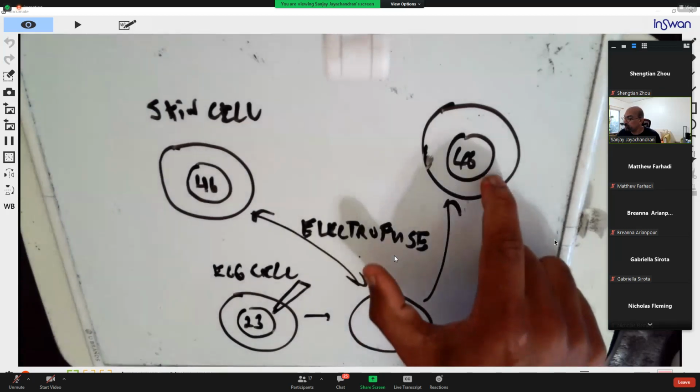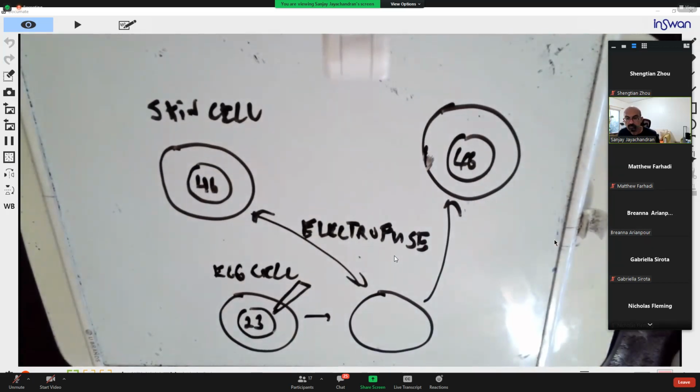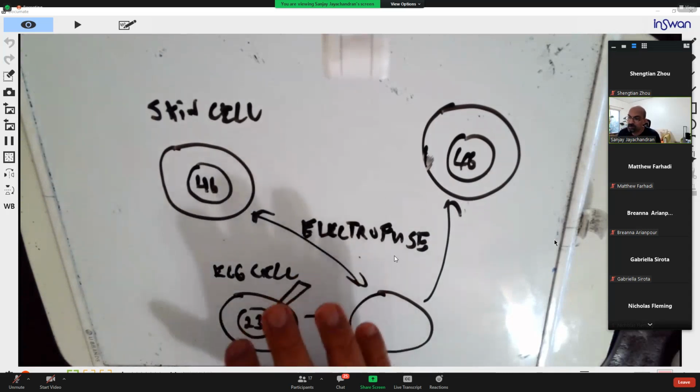Where did the 46 come from? Your skin. Or some guy's skin cell, right? So you're going to have a clone of this person here nine months later. In the sheep experiment, instead of a skin cell, they used a breast cell and they cloned the sheep. Does everybody see what's happening here?